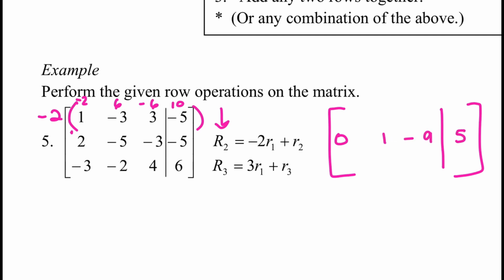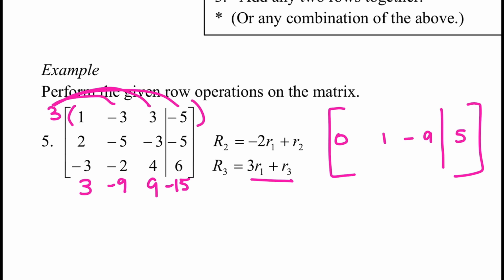Okay, now this next thing I'm going to do is I'm going to take 3 times row 1 and add it to row 3. So if I times 3 times row 1, that's going to give me 3, -9, 9, and -15.